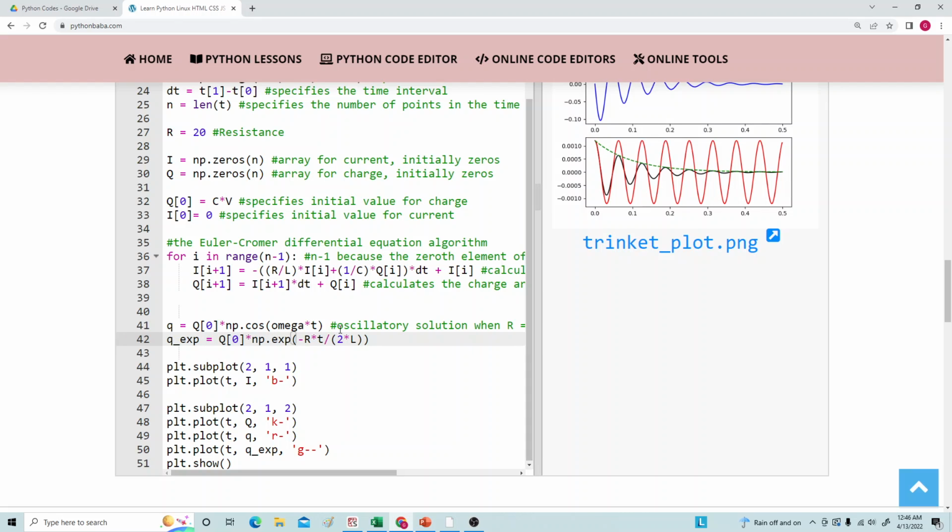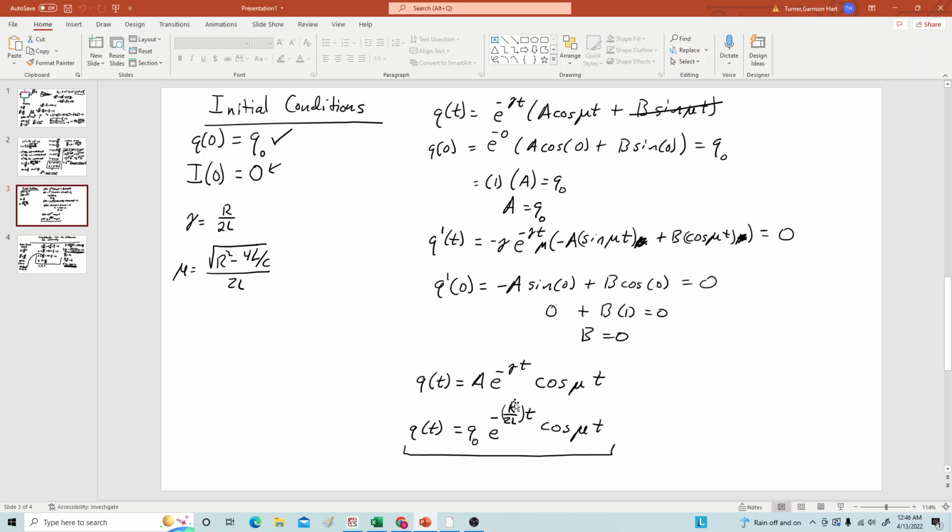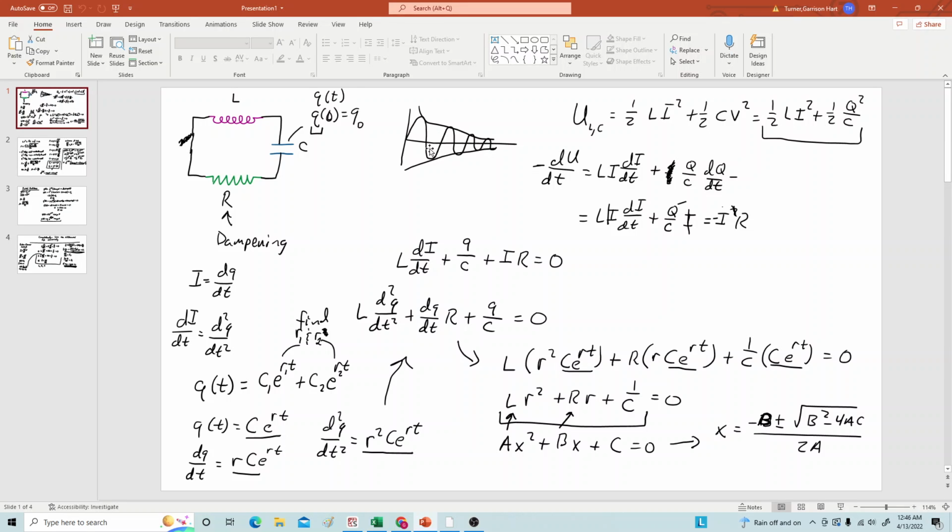And this is just the exponential decay term along with the leading coefficient, Q naught e to the negative R over 2L times t, because we know that the oscillations should be dampened by this value, and what that means is the exponential decay should be bounded. So we should find that as the oscillations decay, the functions that bound those two opposite sides of the time axis should be exponential functions.